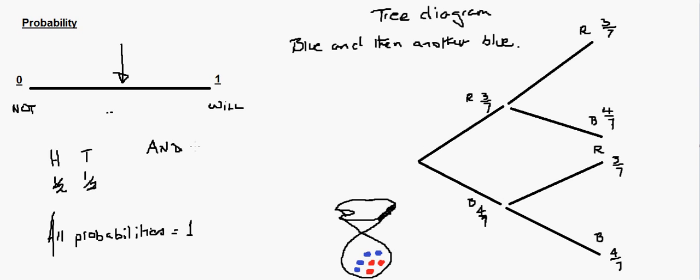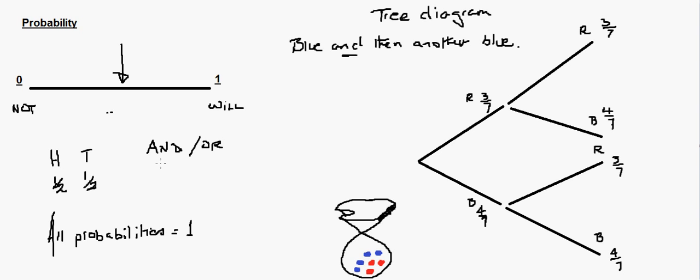So we have and or, and we're looking for these in the sentence. So if we were choosing a blue and another blue, then we use and, obviously, because that's it.